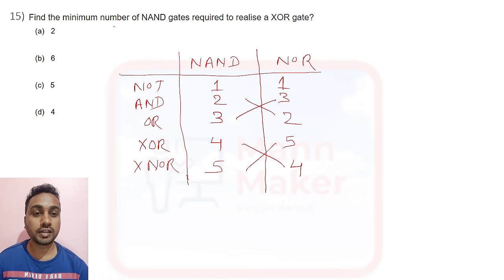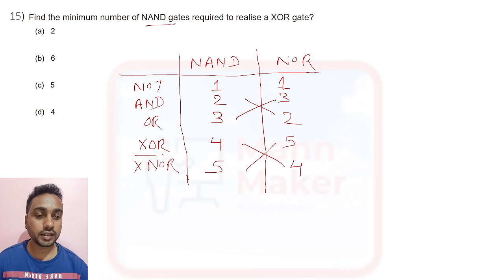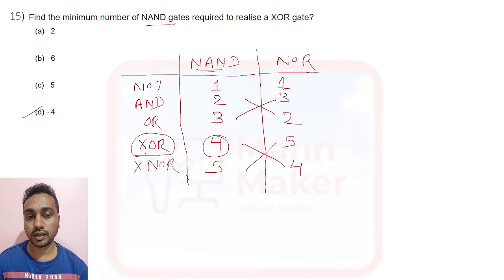Like here they ask, find the minimum number of NAND gates required to realize an XOR gate. Realize what? XOR gate. So for XOR gate using NAND gates, how many are required? 4 are required. So 4 is the answer.